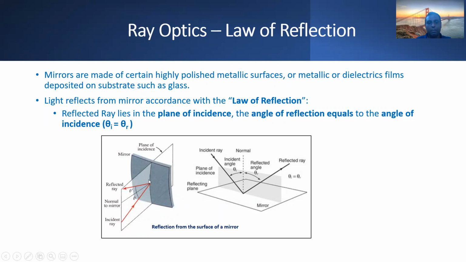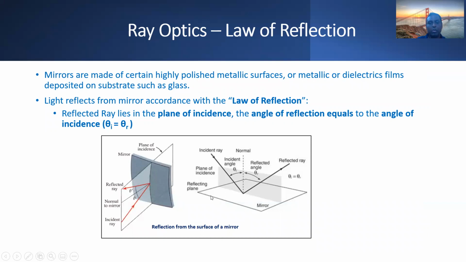Let's look at the picture here at the bottom, on the left hand side. We can see a mirror, and then there is a plane of incidence. The ray into the plane of incidence gets reflected. So what the reflection law states is that the angle of the reflected ray is equal to the angle of incidence.